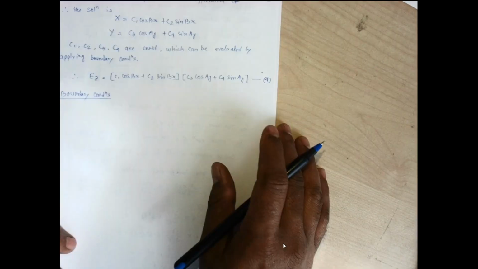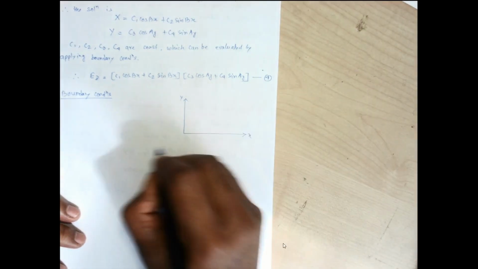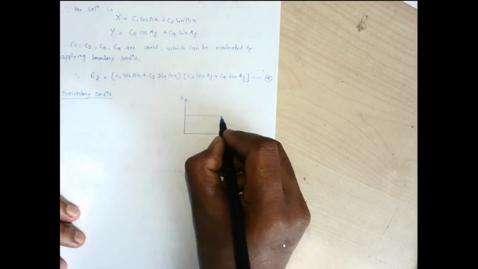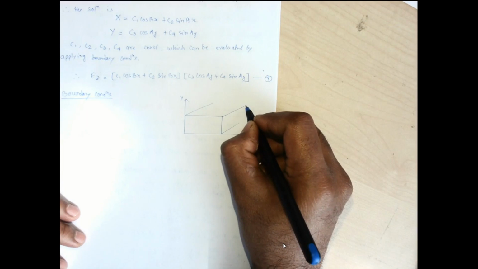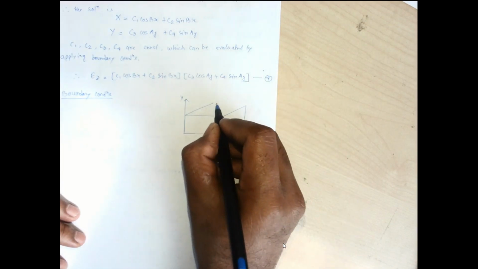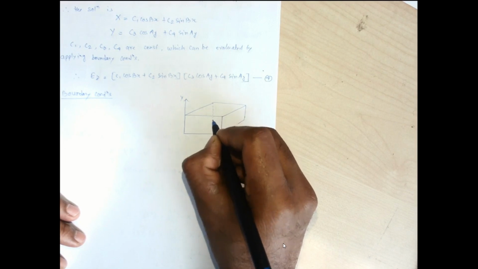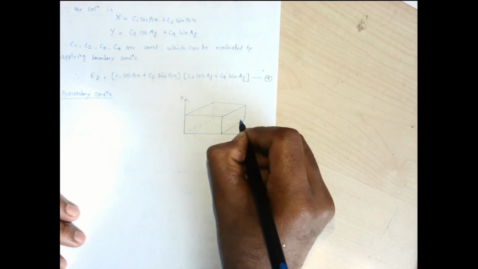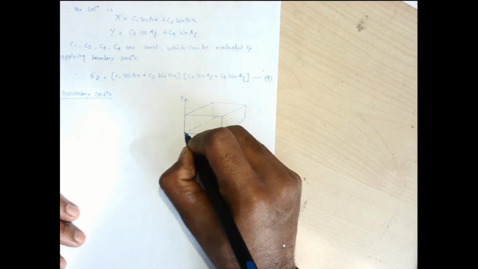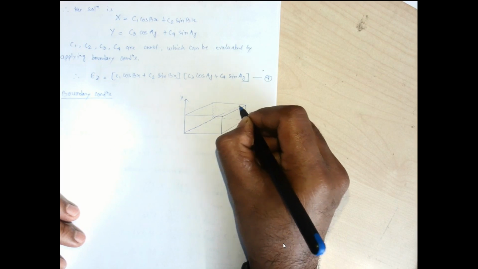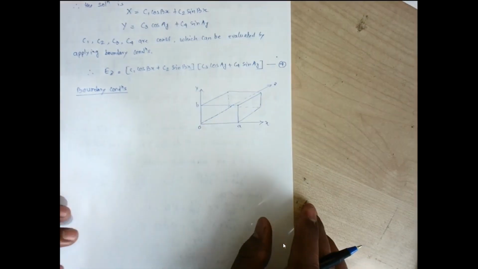So we are having our waveguide. This way it is Z. So this is the waveguide, with dimensions a and b.